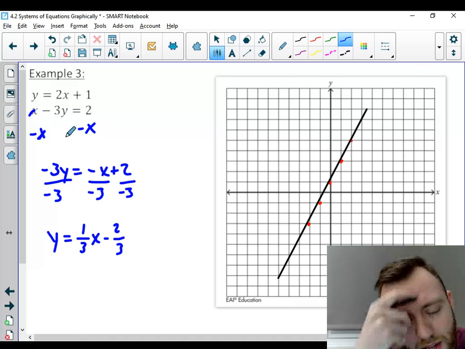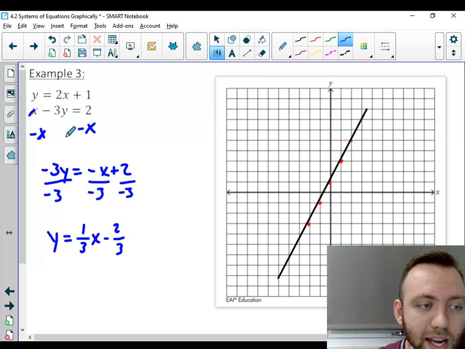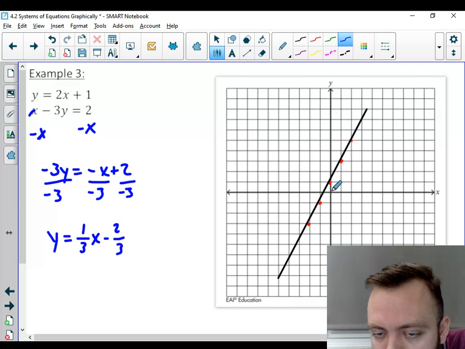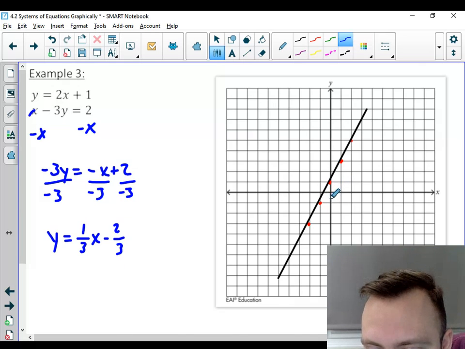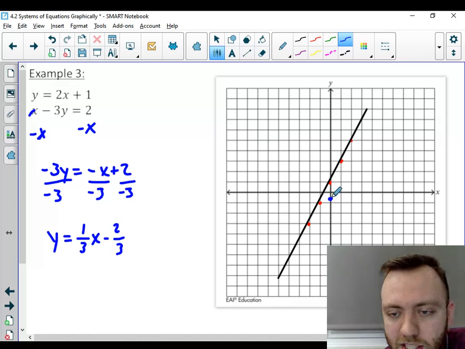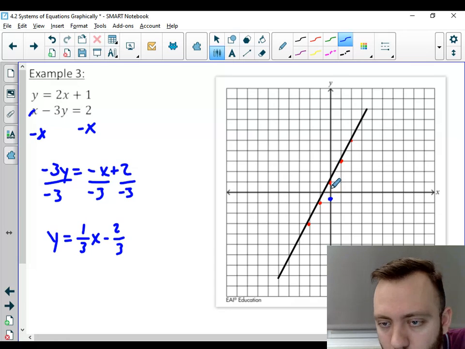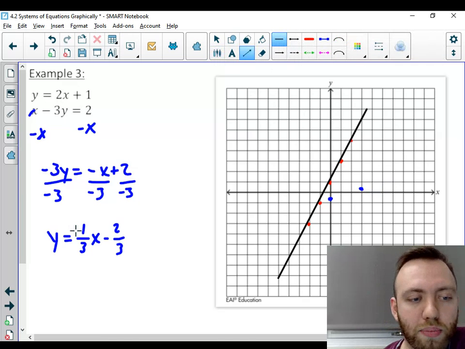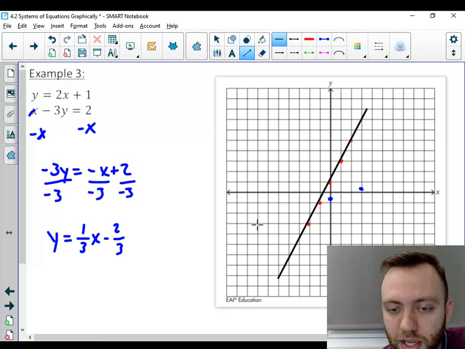Thinking ahead, if x is negative 2/3, we know that that's 2/3 of the way down there. And then 1/3 x means up 1 over 1, 2, 3. So it'll be like 1/3 of the way there. If not, you can try plugging in points to see what 2 points you can get.